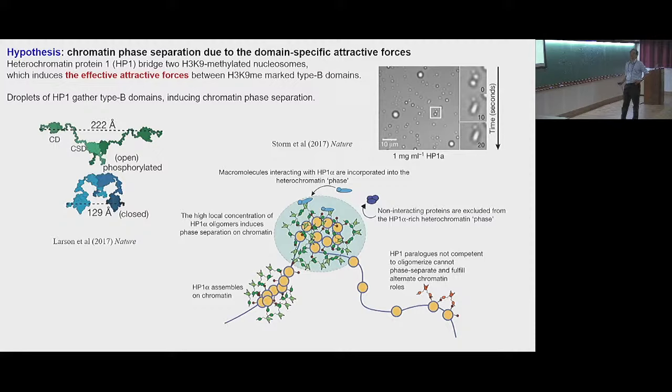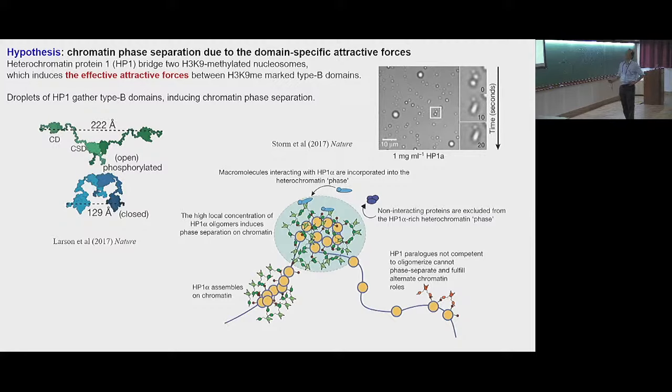This is one hypothesis. This is an HP1 structure. HP1 has two domains, chromodomain and chromoshadow domain. And the chromodomain binds to the H3K9 methylated sites. I mean, this is the ninth lysine of histone 3.